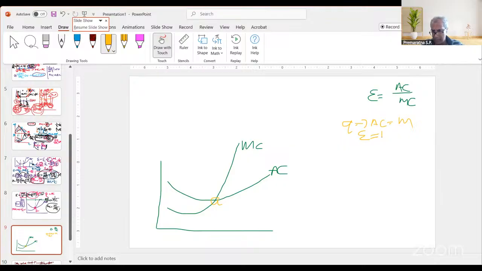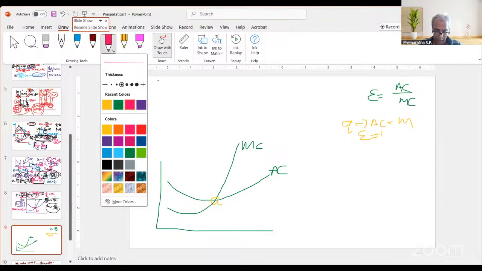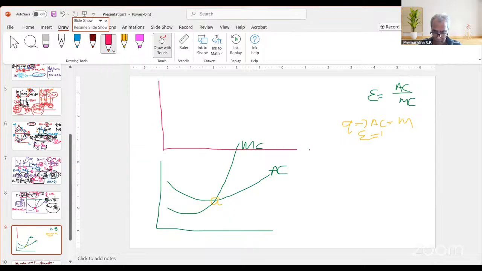So you know what elasticity is? If, for example, inputs increase by 1%, output also increases by 1%. So that reflects the relationship we just discussed here, average product and the marginal product.